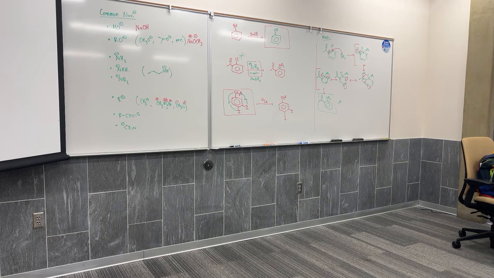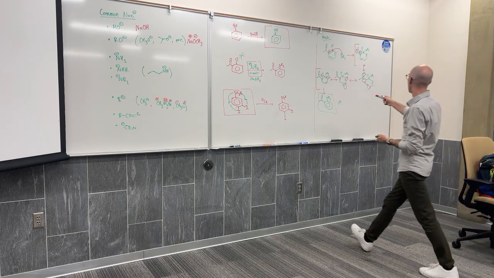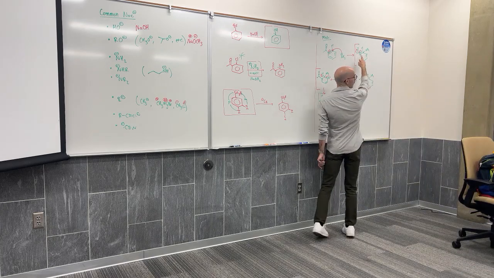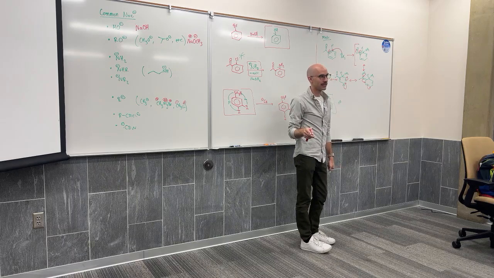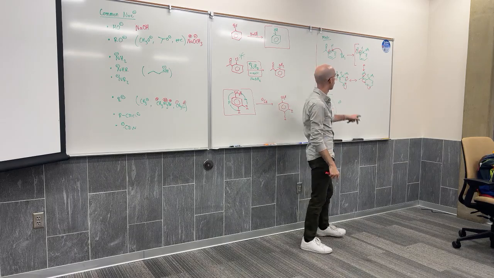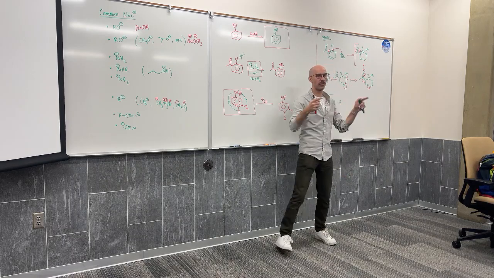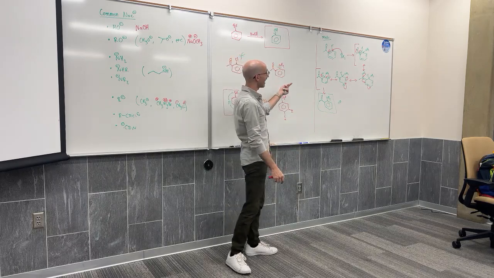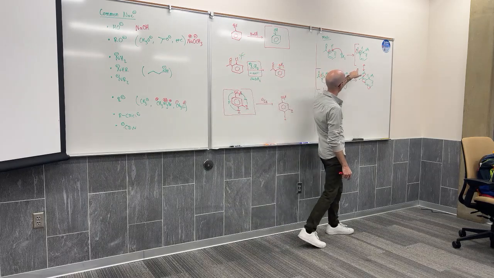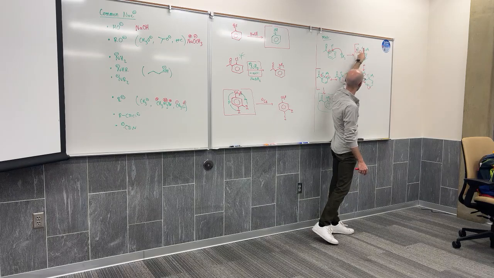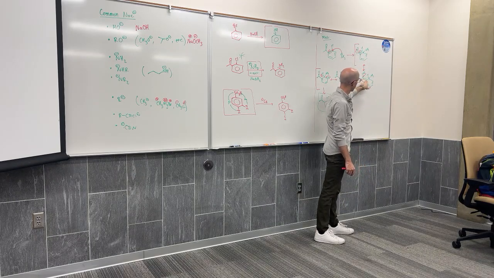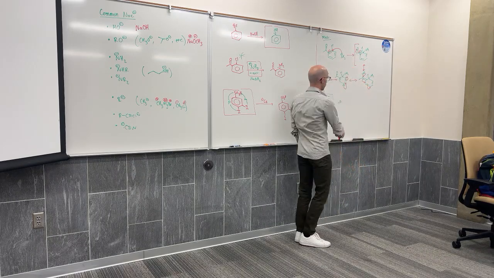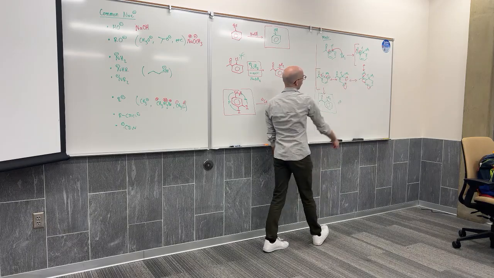And maybe there's a little bit more to do with the arrows. In EAS, most of our resonance forms had one arrow, pi bond to positive charge, pi bond to positive charge. NAS has twice as many arrows: lone pair in, lone pair out, lone pair in and over, lone pair out, lone pair in, lone pair out.